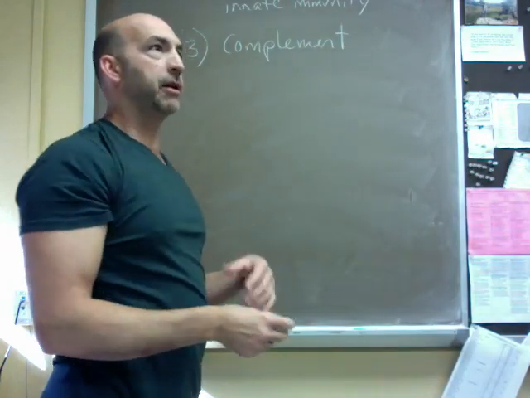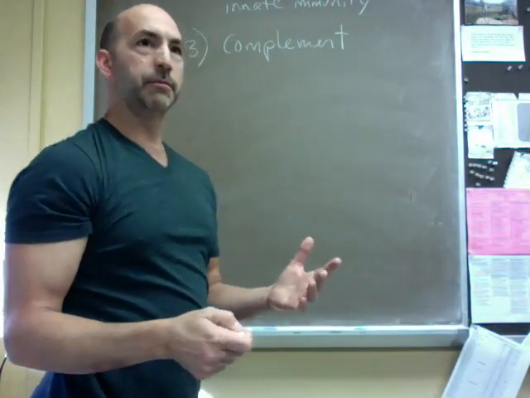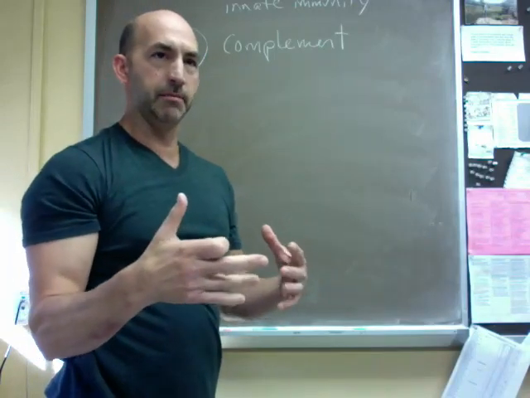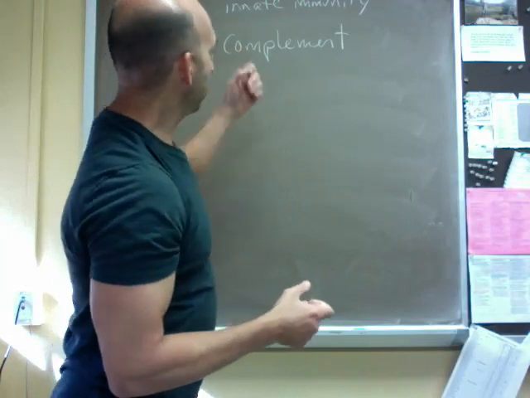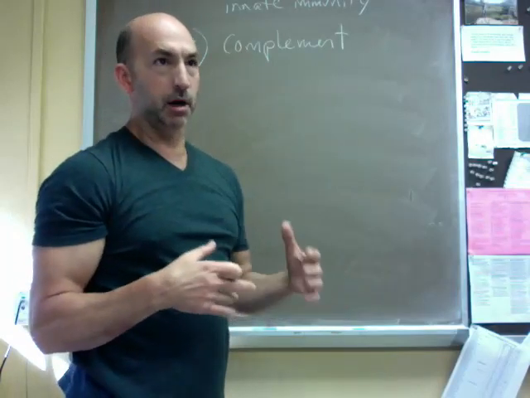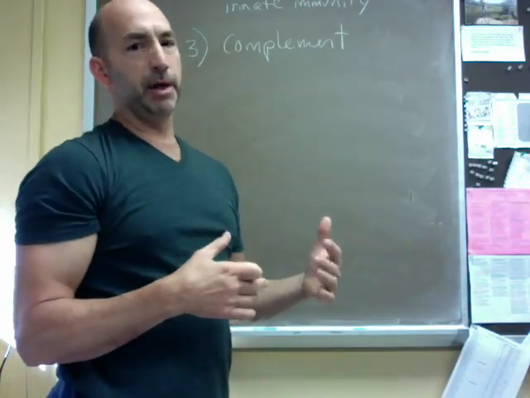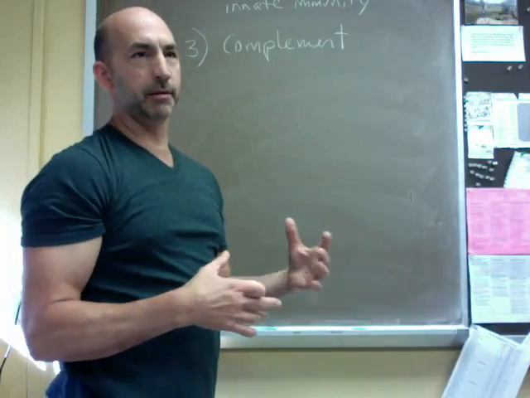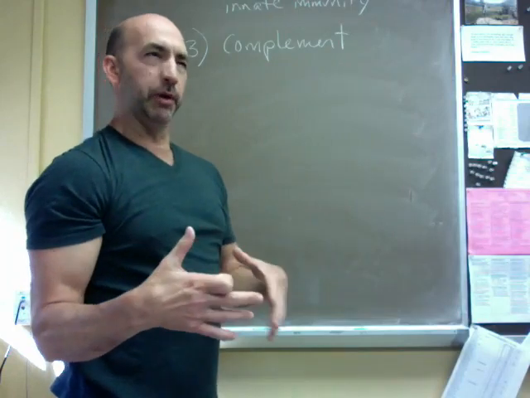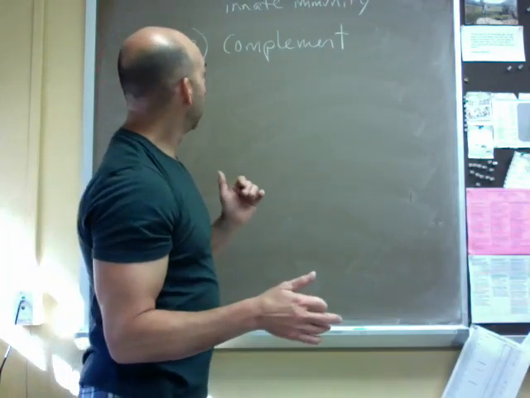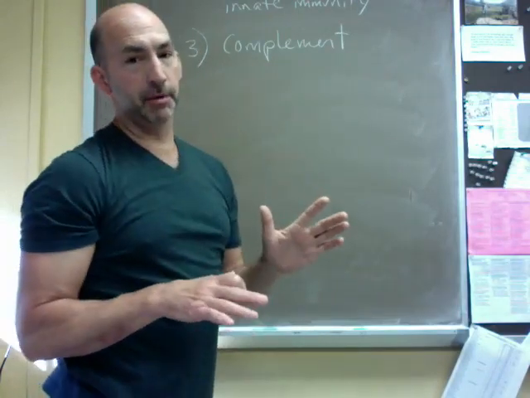Right? Things that are complementary to one another work together and probably do very similar things. So what is complement, or the complement proteins, complementary to? They're complementary to antibodies, right? So they do what antibodies do in certain ways, okay? Now, what is complement? Complement, remember, is not a cell.